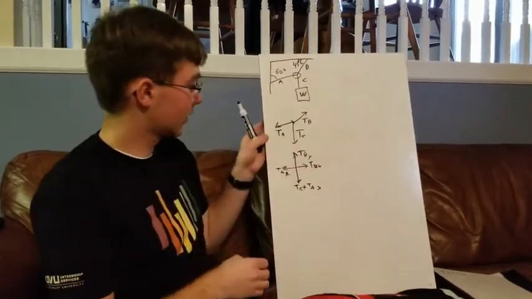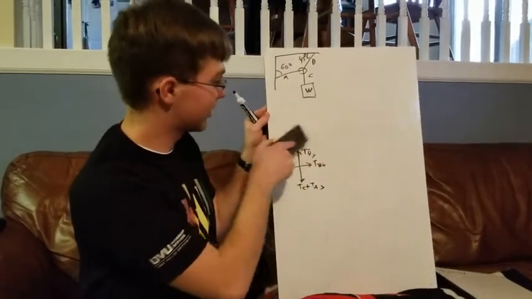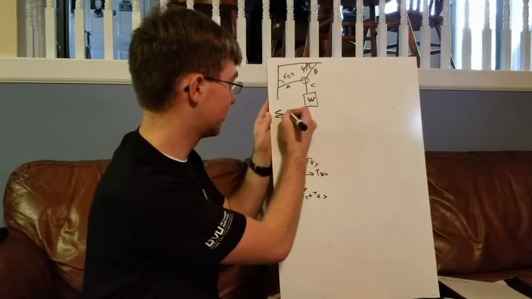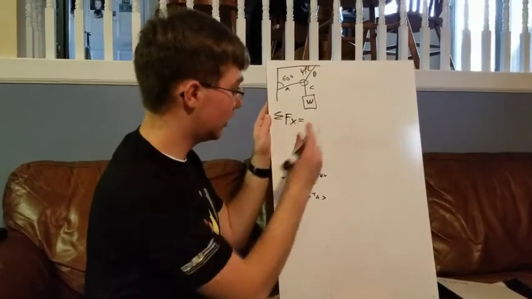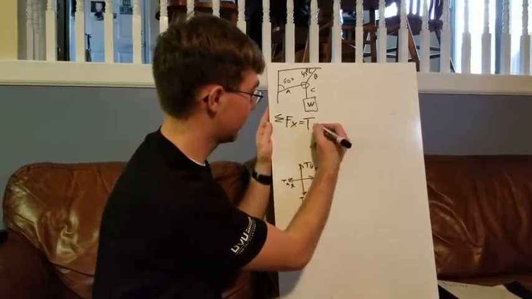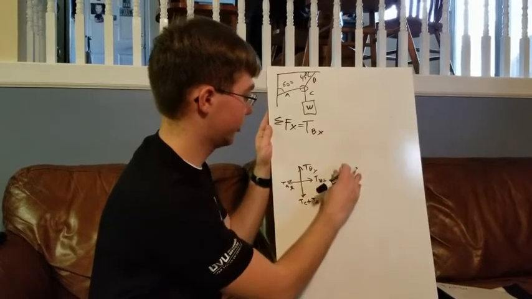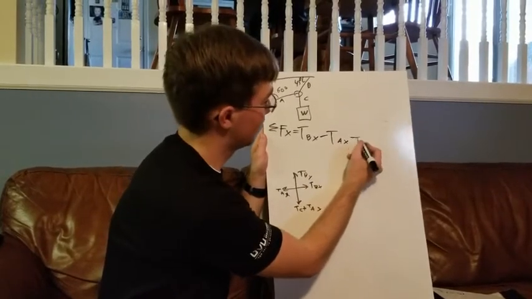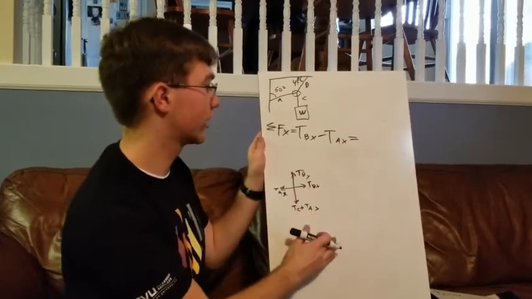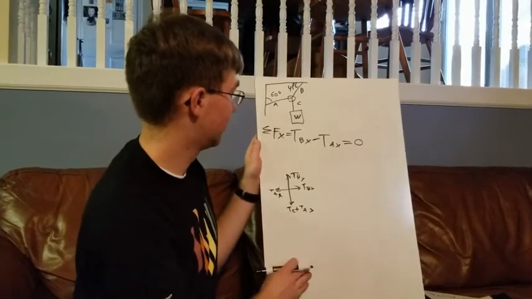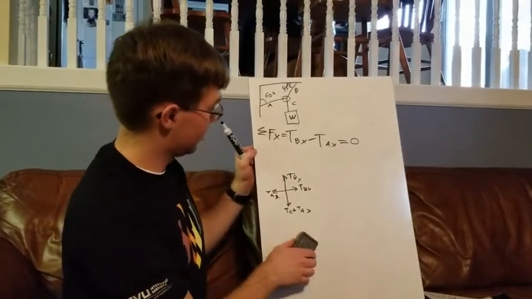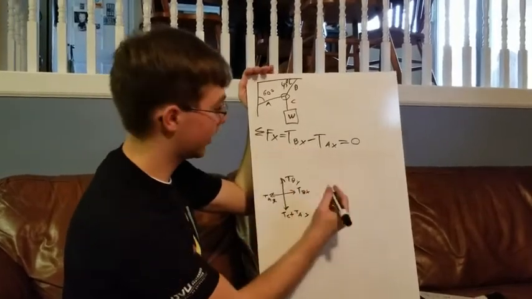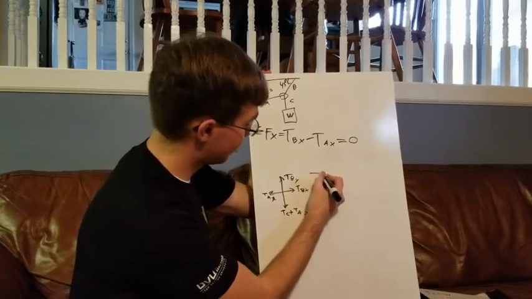And now I will set up Newton's second law for this system, starting in the x direction. So the sum of forces in the x direction equals tension of B in the x direction minus tension A in the x direction. And since the system is not accelerating in the x direction, this is 0. If I want to find tension B in the x direction, I can use a bit of trigonometry.